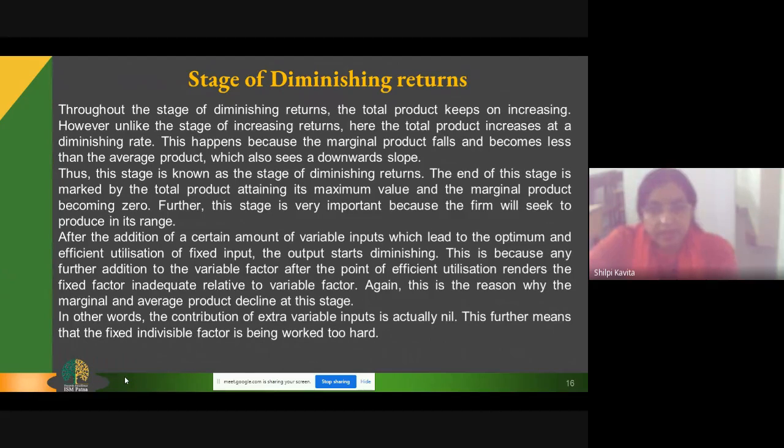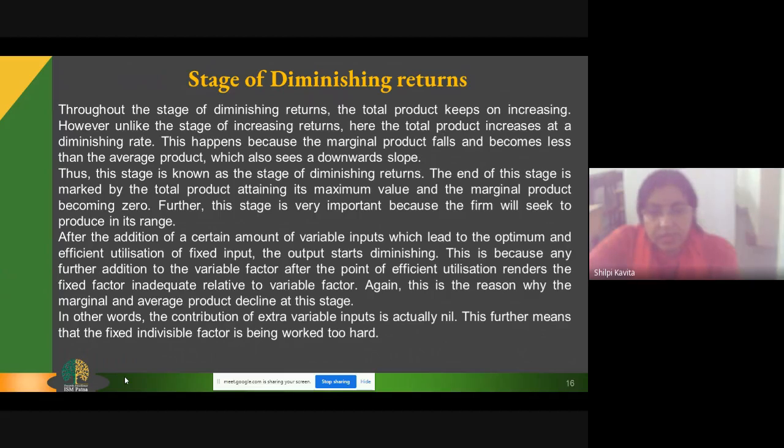We have seen that in stage 2, the total product keeps on increasing but at a diminishing rate. The reason behind this diminishing returns is that marginal product falls and becomes less than the average product, which also sees a downward slope.